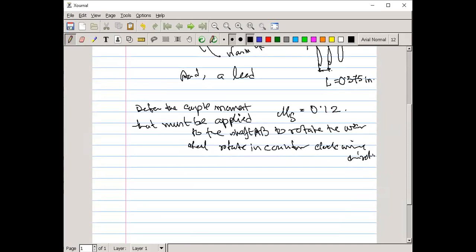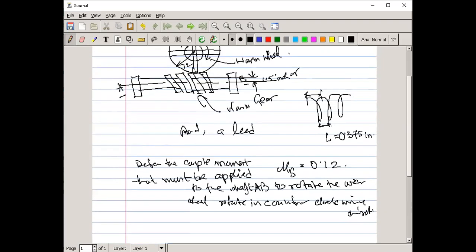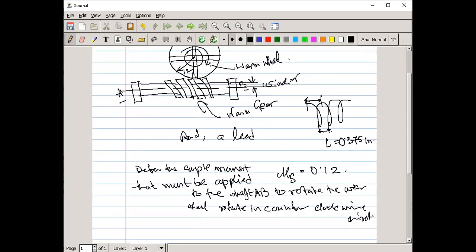Try to understand this thing, that find out the amount of moment that is required, where we have to apply that moment on the AB. One thing you have to understand, this is the worm gear, this one is the worm wheel. Remember, this one is always the driver, okay. So we have to always apply the moment on the shaft AB, clear.